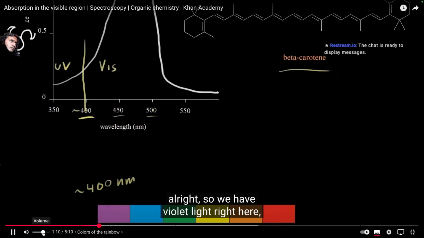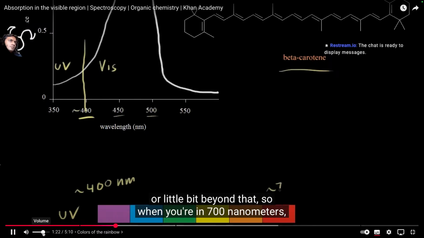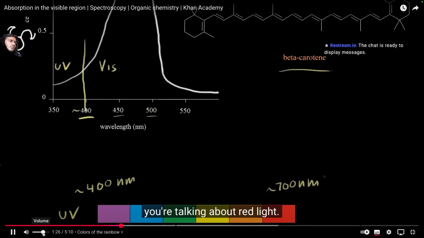If you go beyond violet light, you're in the ultraviolet region or the UV region. So the visible region goes to somewhere around 700 nanometers or a little bit beyond that. So when you're at 700 nanometers, you're talking about red light. And if you go just past red light, you are in the infrared region of the electromagnetic spectrum.